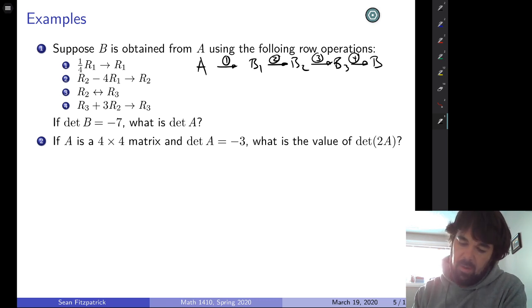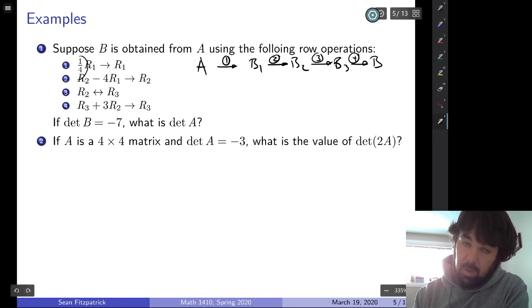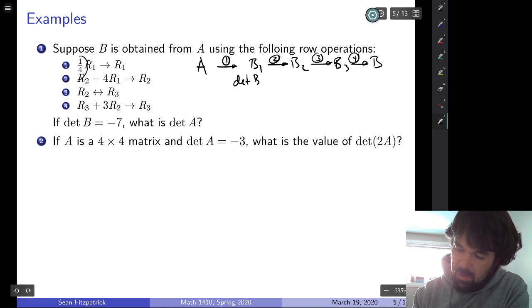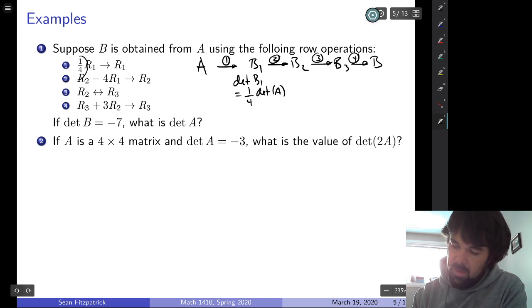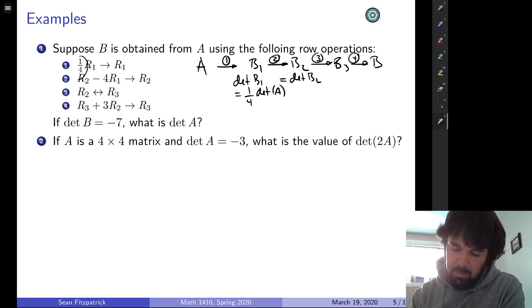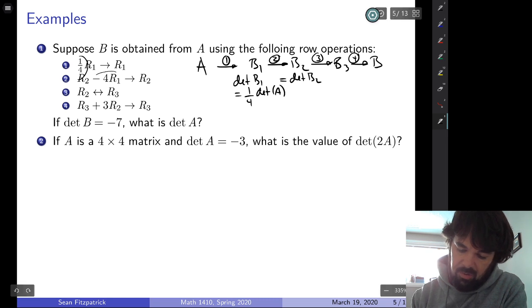So now what can I say? That first row operation, I am multiplying by a quarter, so I can say that the determinant of B1 is 1 over 4 determinant of A. And I can say that the determinant of B1 is equal to the determinant of B2, because this is that third type of row operation, I'm adding a multiple of one row to another.